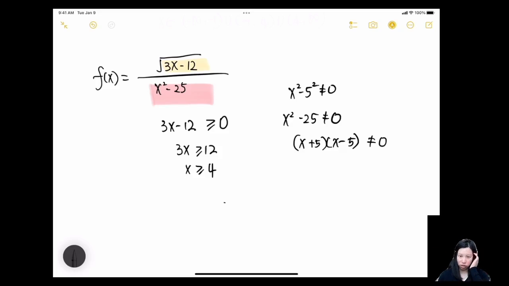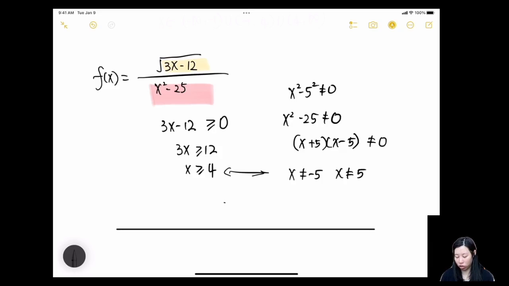By the difference of squares formula, we have x is not equal to -5 or x is not equal to 5. Now we combine these two together and see what x can equal.